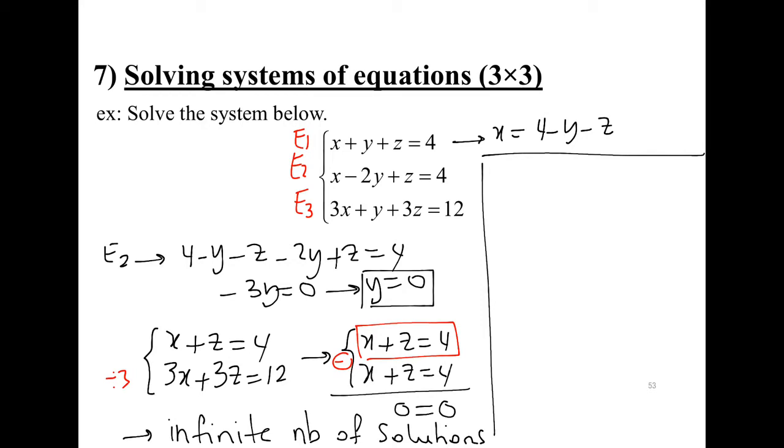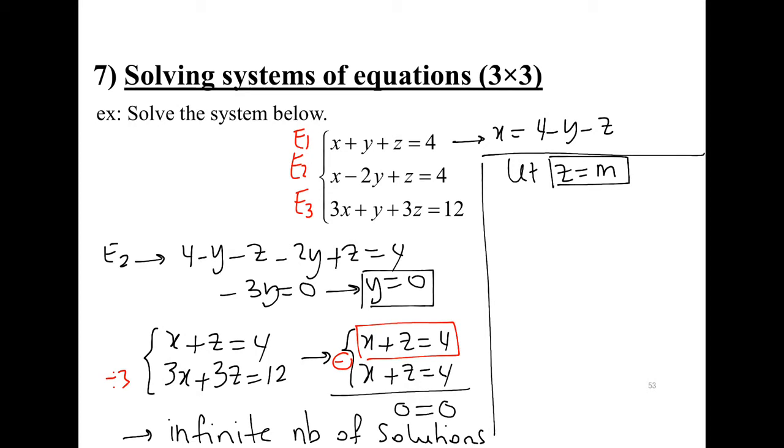In order to determine the pattern among the values of the triplets forming the solution set, which is infinite, we start by setting one of the variables as a parameter. We have x and z in this equation, so we start by taking z equals m.